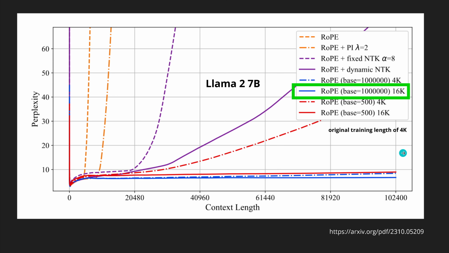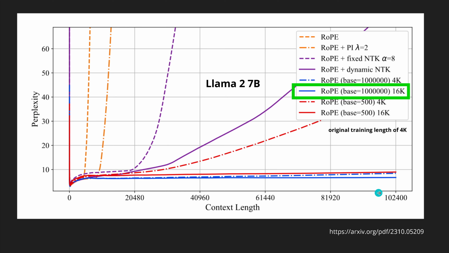But you also see that the best performance is this solid blue line. So this means if we calculate rope not with a base of 10K, but with a base of 1 million, and we do the fine-tuning with 16K context length, we get a performance for a Llama 2 7B that is, wow. You see here the perplexity stays constant low up to 100,000 tokens.